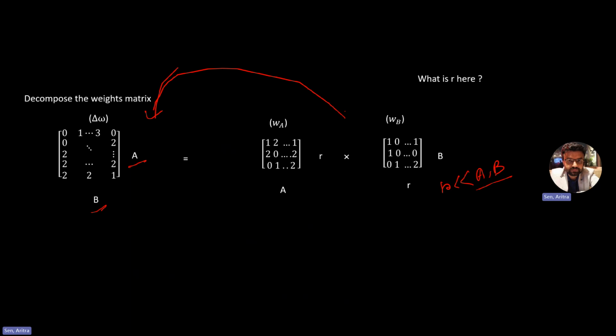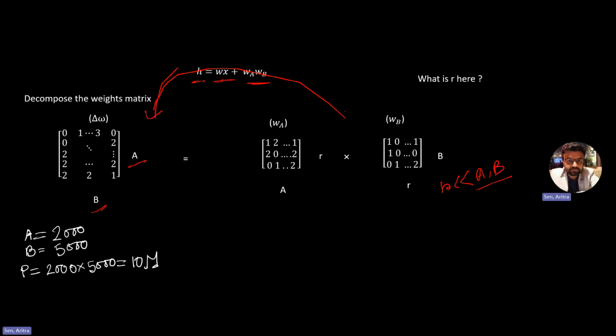Now let's take an example and understand how this can help us. In the end, as I mentioned, if you do a dot product of WA and WB, that can give you the same shape as my original pre-trained weight. So you can add back this original matrix to the low rank representation matrix decomposition, and you can get back the original embedding space.